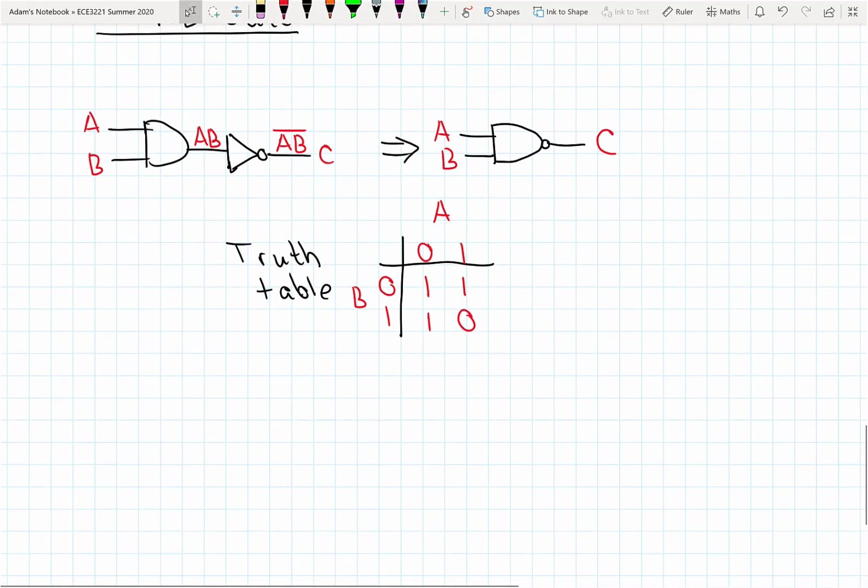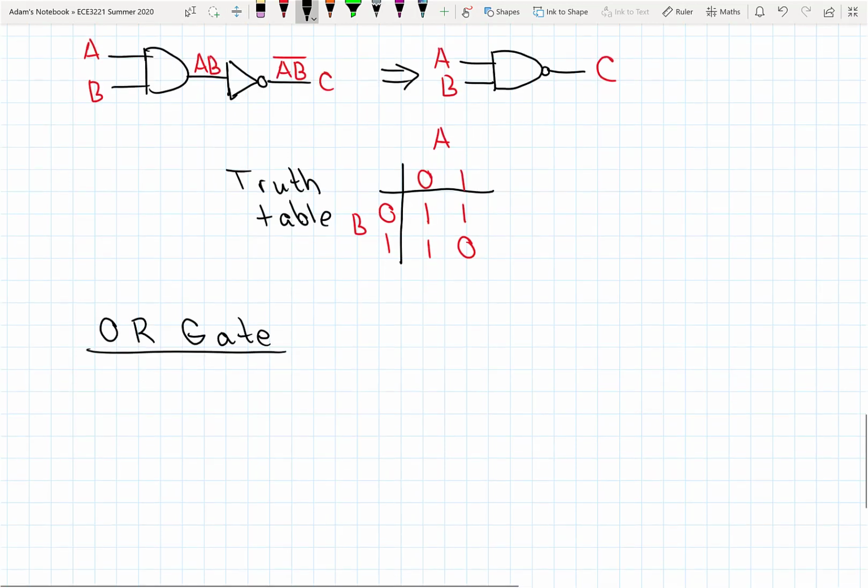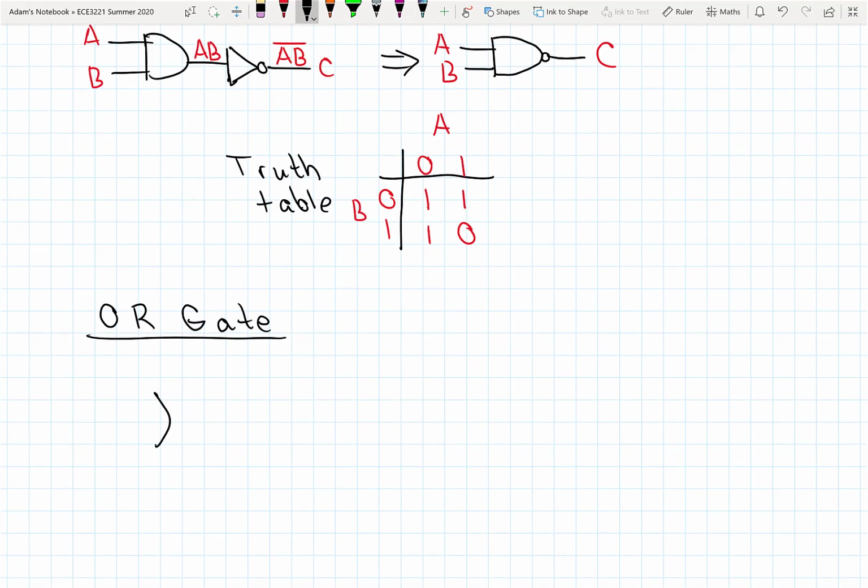Okay, keep going with the review. Let's look at an OR gate. The symbol you should be familiar with looks like this, where A and B on the input combine to form C on the output.